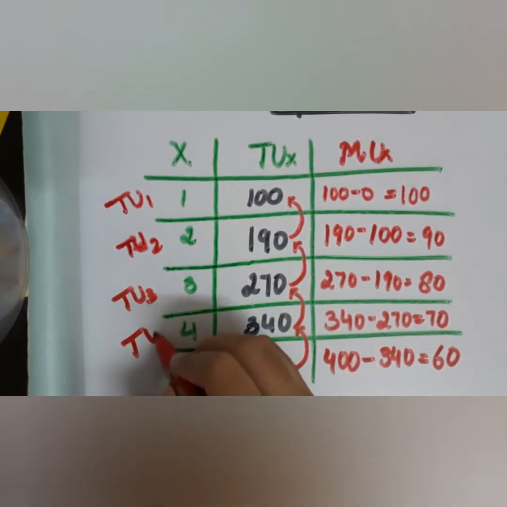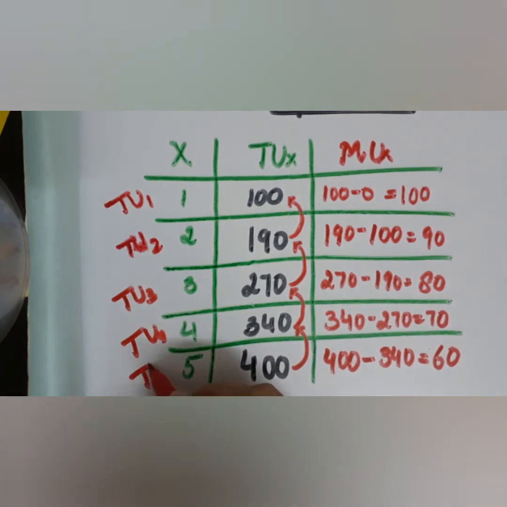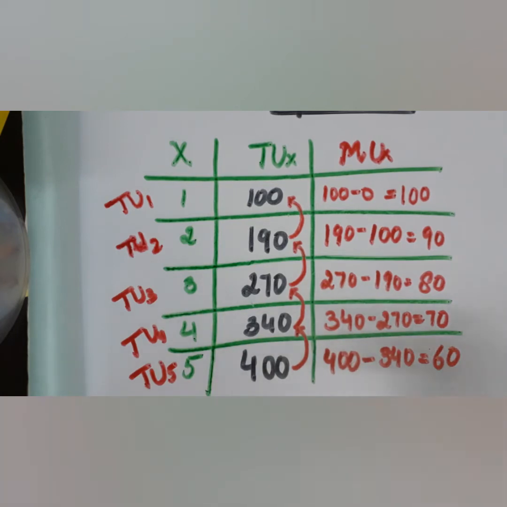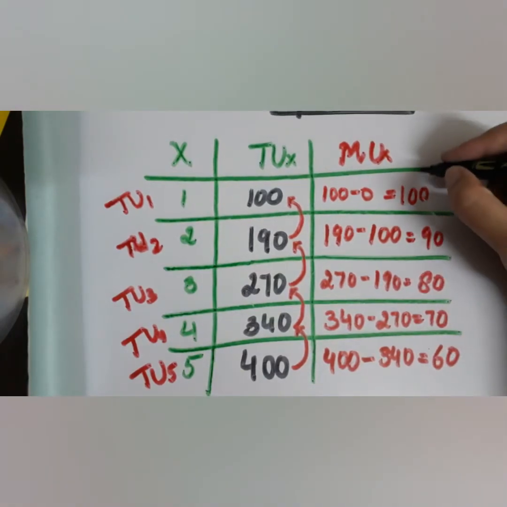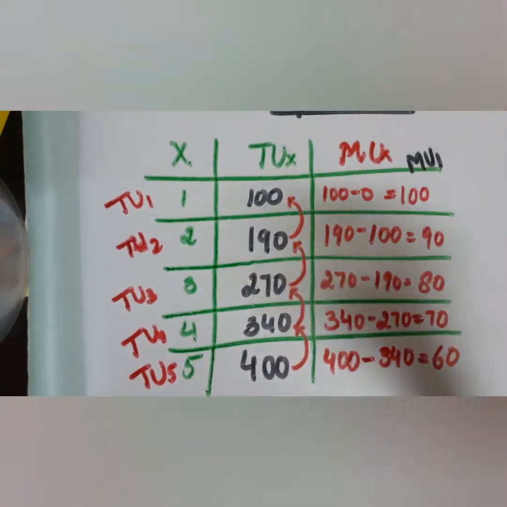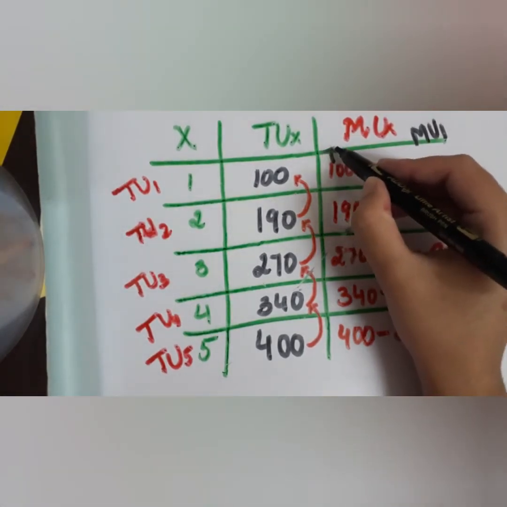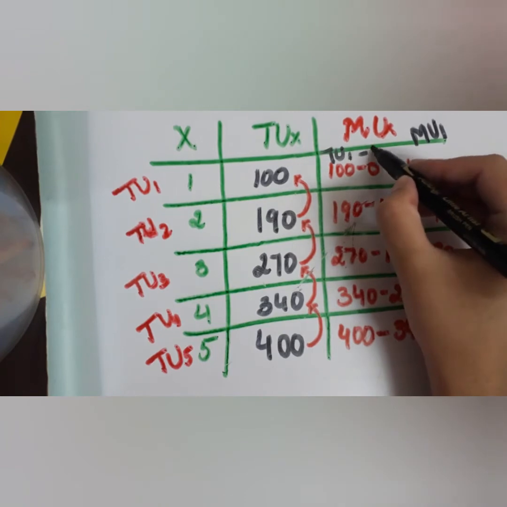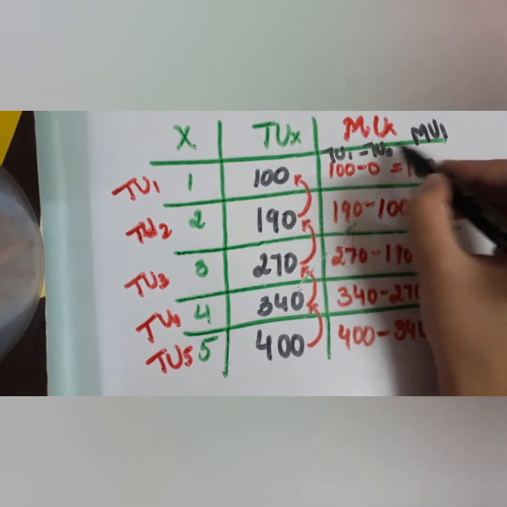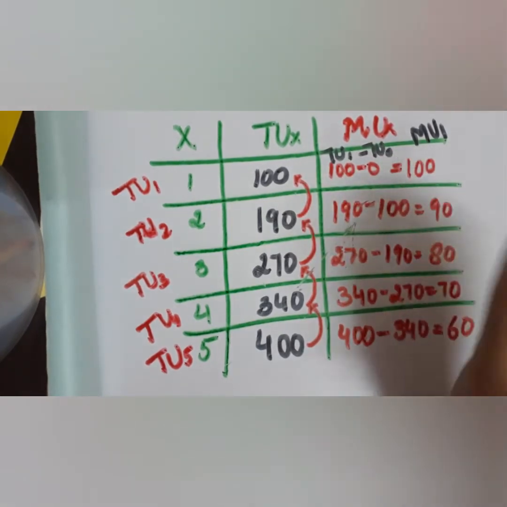You can see this also, and you can see this also. So for deriving the formula, I am telling you that you have to subtract something. What is the meaning of that? If I want to calculate marginal utility, you can see this is marginal utility of 1. I have to calculate the marginal utility of 1, I have to use this formula. You can see TU0, I don't know about this, so TU0.